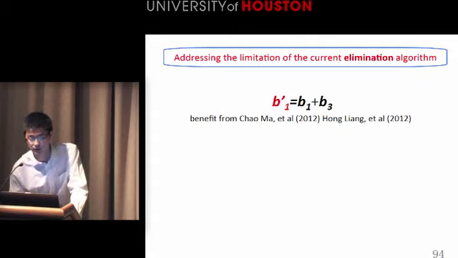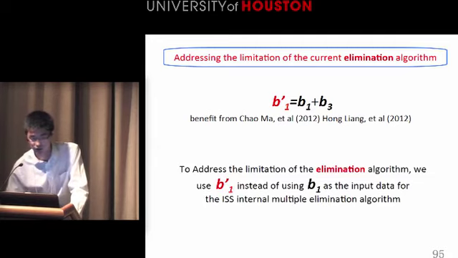So if we use B1 plus B3, we can attenuate the internal multiples in the data. And then we use this data as a new set of data, a new input for the internal multiple elimination algorithm. We can address the limitation.